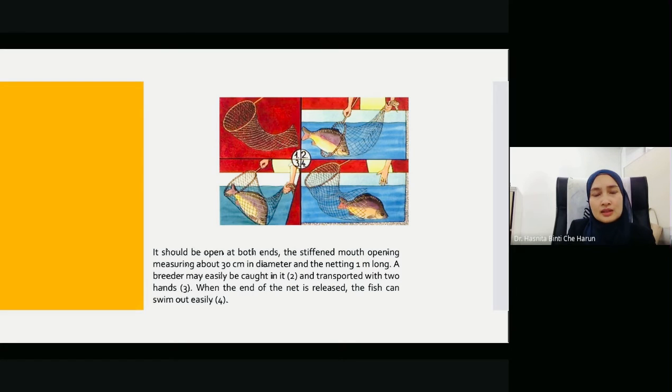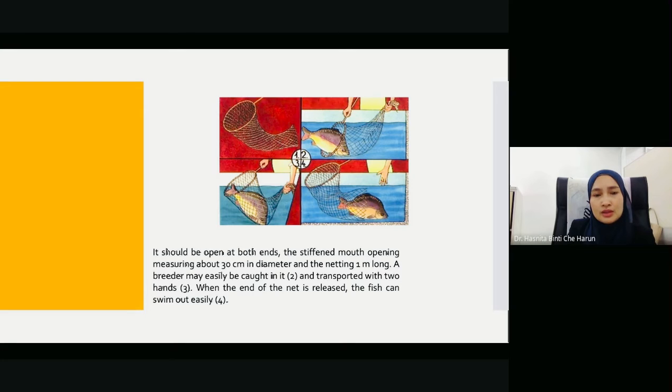These are the types of netting usually used to catch the breeders. The net should be open at both ends. The siphon mouth opening measures around 30 centimeters in diameter, and the netting should be about 1 meter long.